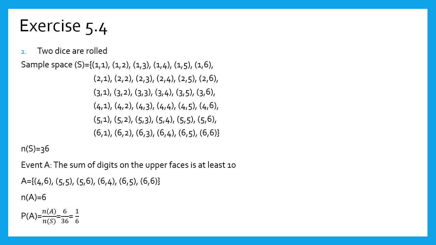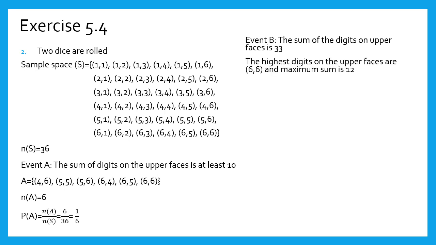Next event, B, sum of digits on upper faces is 33. As we know, the maximum sum is 12. Therefore, set B contains no element, that is set B is an empty set.